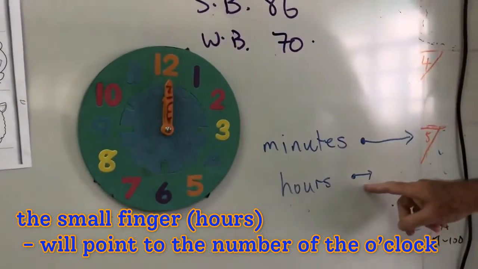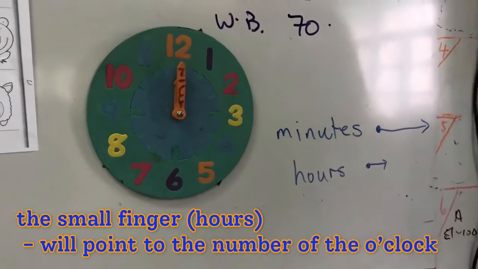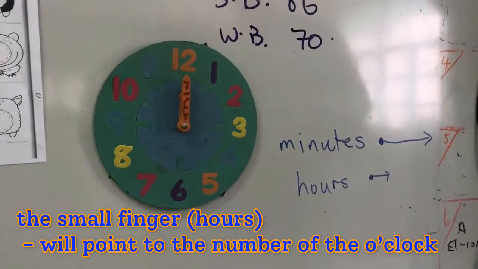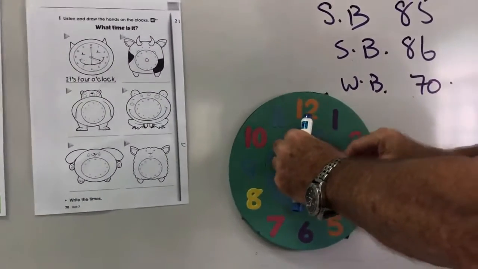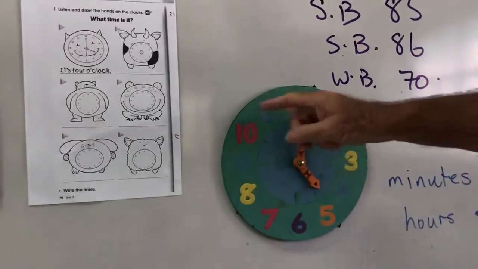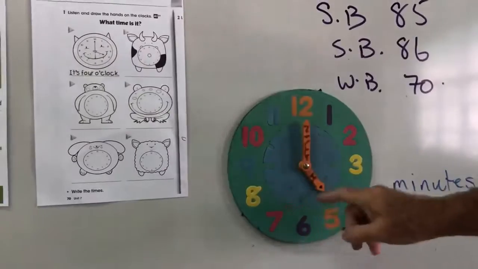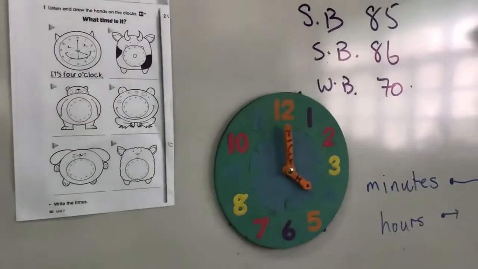The small finger, which shows you the hours, will point to the number of the o'clock. So number one, look, 4 o'clock. So it's going to be like that, isn't it? The big finger at the top and the little finger pointing at number 4.